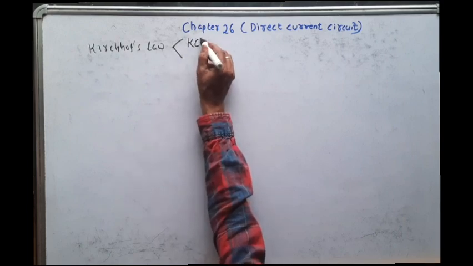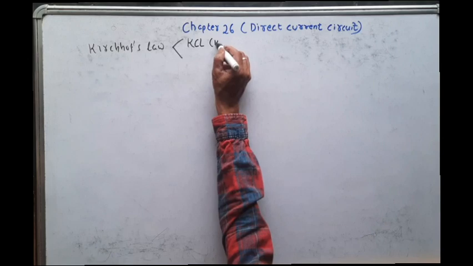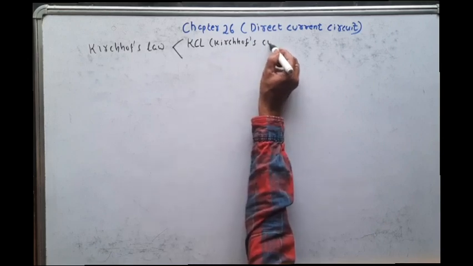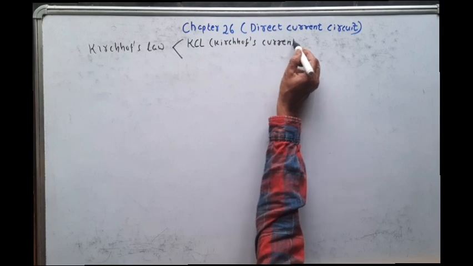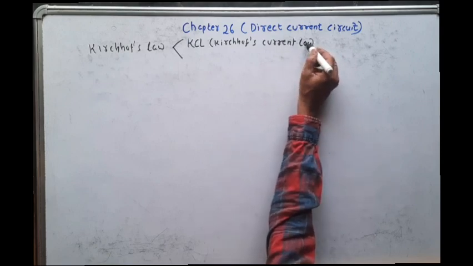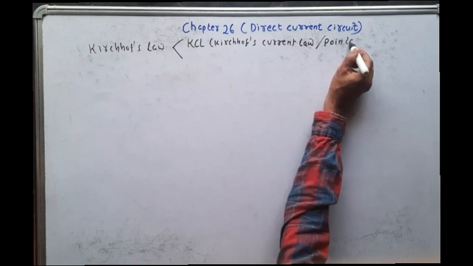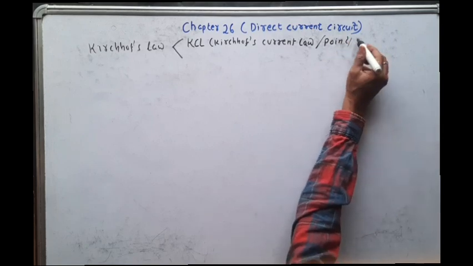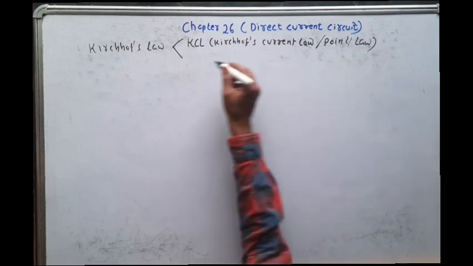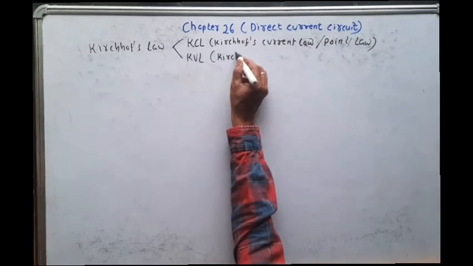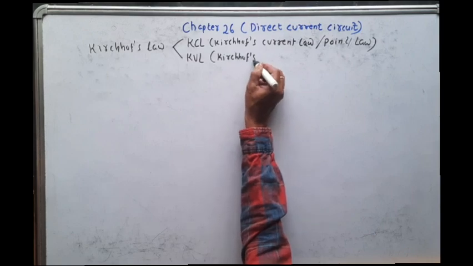One is KCL, that is Kirchhoff's current law. Sometimes it is called point law. Next is KVL, that is Kirchhoff's voltage law.